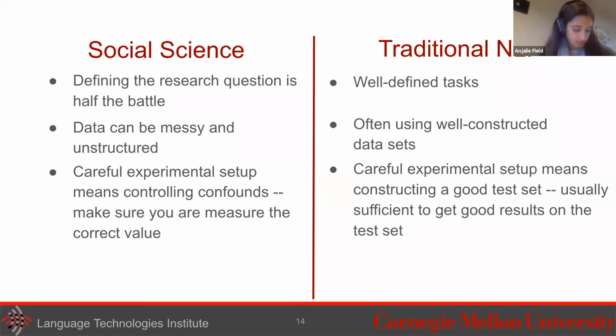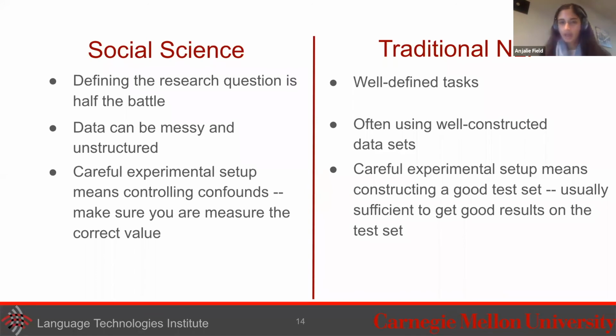One of the other things that is really important in socially oriented work is controlling for confounding variables, so making sure that you're actually measuring the variables that you want to measure. And I think we see that in this project in the way that they took a lot of care during the data collection to make sure that they were using different email addresses for every campaign that they signed up for.